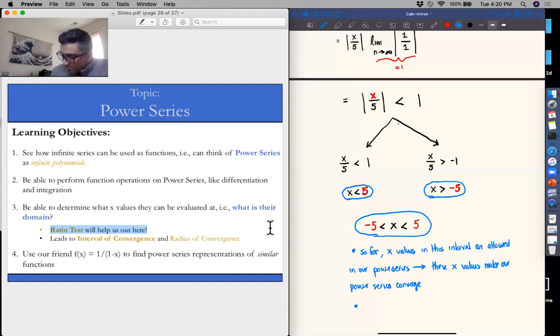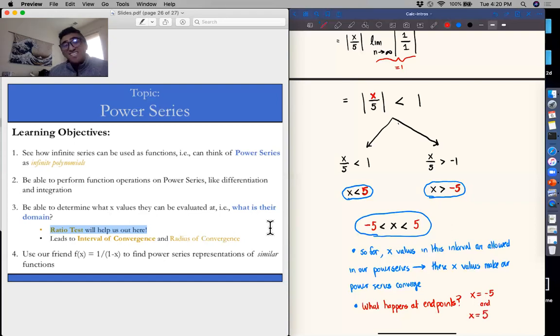The one thing we don't know yet is what happens at the endpoints. What this really means is at x equals -5 and x equals 5.